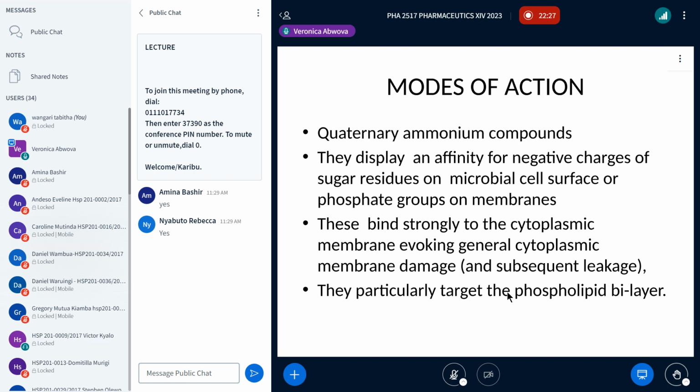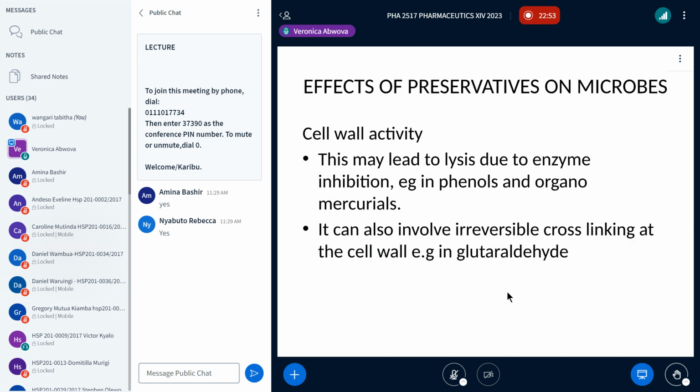If the membrane is supposed to control what enters and what leaves the cell, and you harm the membrane, then you get leakage, because the membrane is no longer functioning as it should. So this will particularly target the phospholipid bilayer.